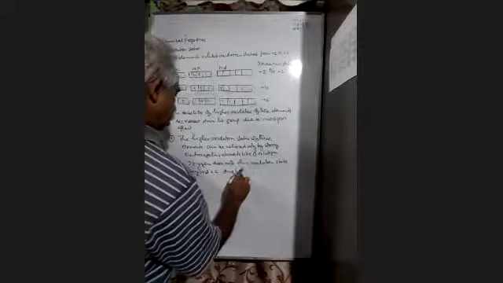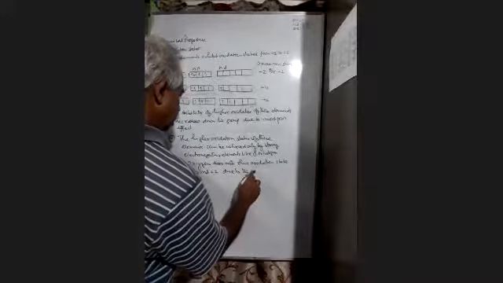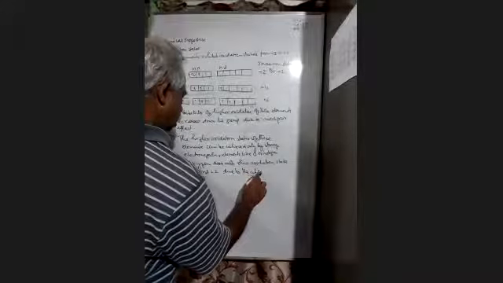Why? Because oxygen does not have a d orbital. So how will oxygen send this electron to the d orbital to achieve +4 and +6? So oxygen does not show oxidation state beyond +2 due to the absence of d orbital.